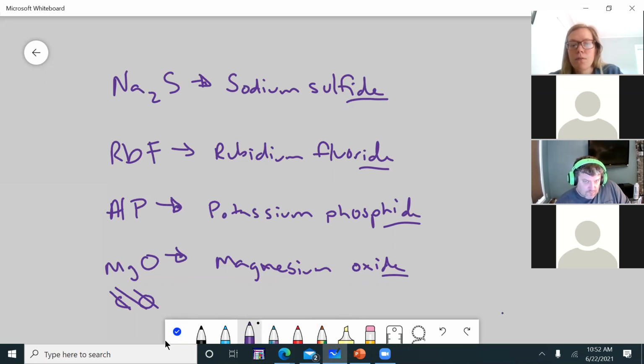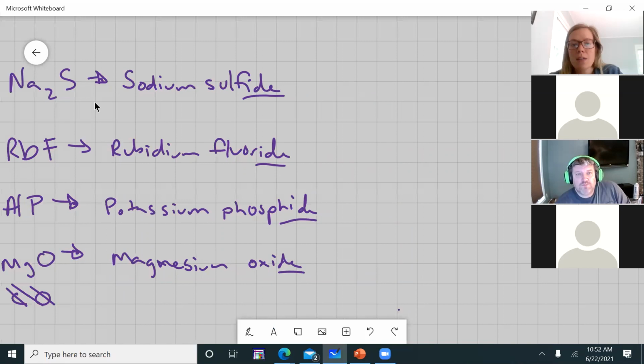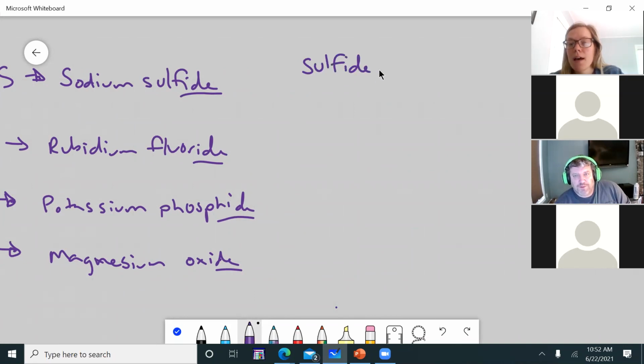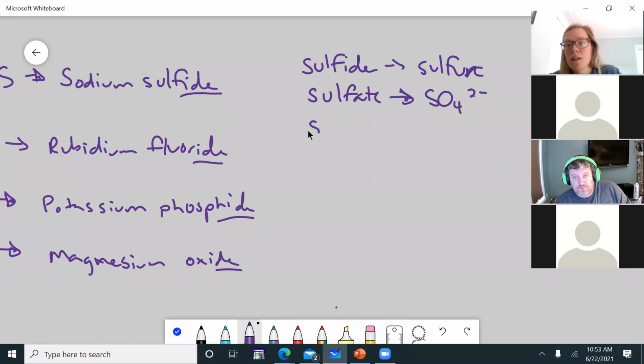Let's look at this sodium sulfide for a second. I want to just make sure we're really taking a look at those endings. So sulfide, what is sulfide? Sulfide is talking about sulfur. What is sulfate? Sulfate is a polyatomic ion, SO4, with a 2- charge. What is sulfite? Sulfite is a polyatomic ion, SO3, 2-.